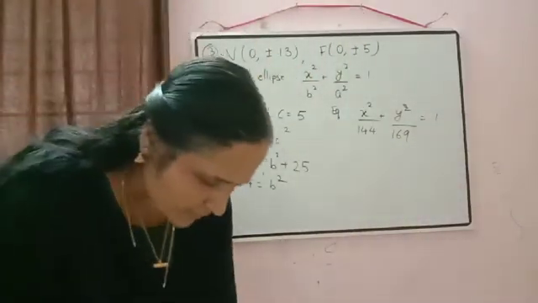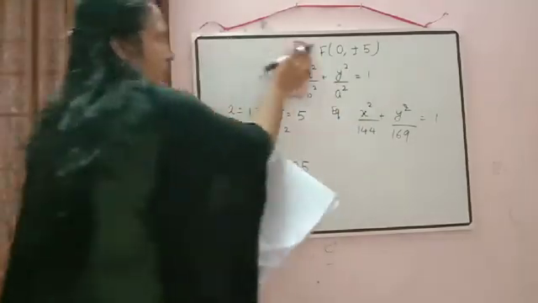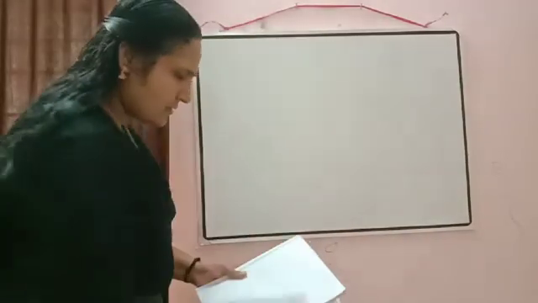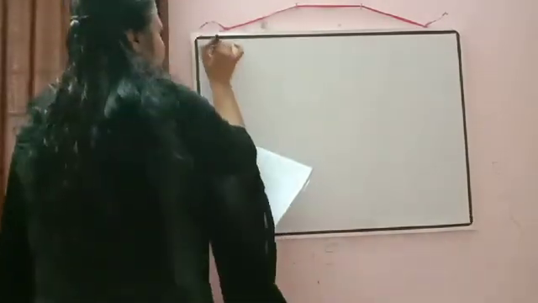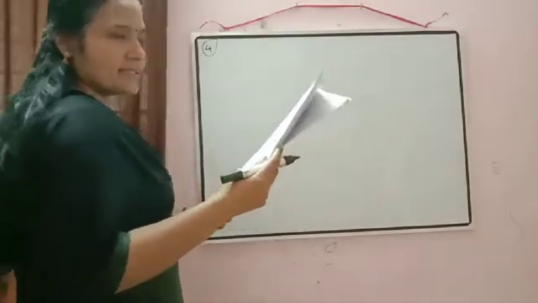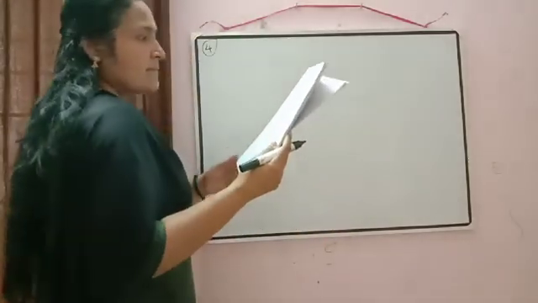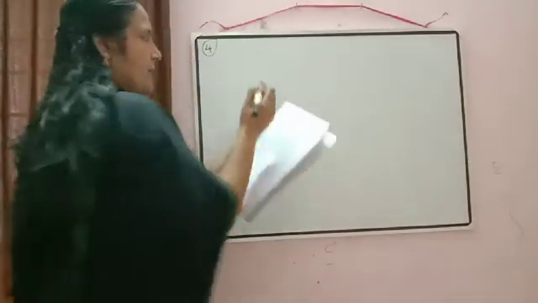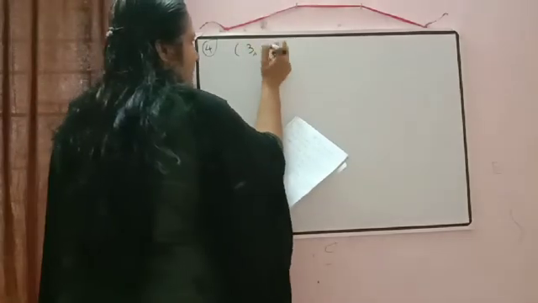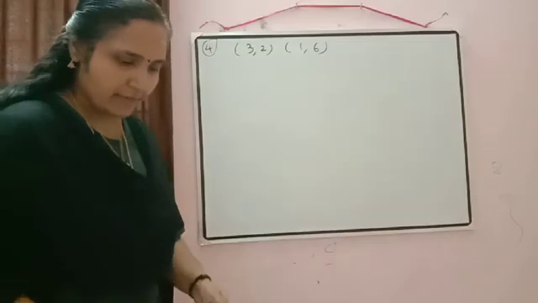Okay. Now in the next question, it is given center at 0, 0, which means center at the origin. Major axis on y-axis, and passes through the points 3, 2 and 1, 6. This is the only information given.